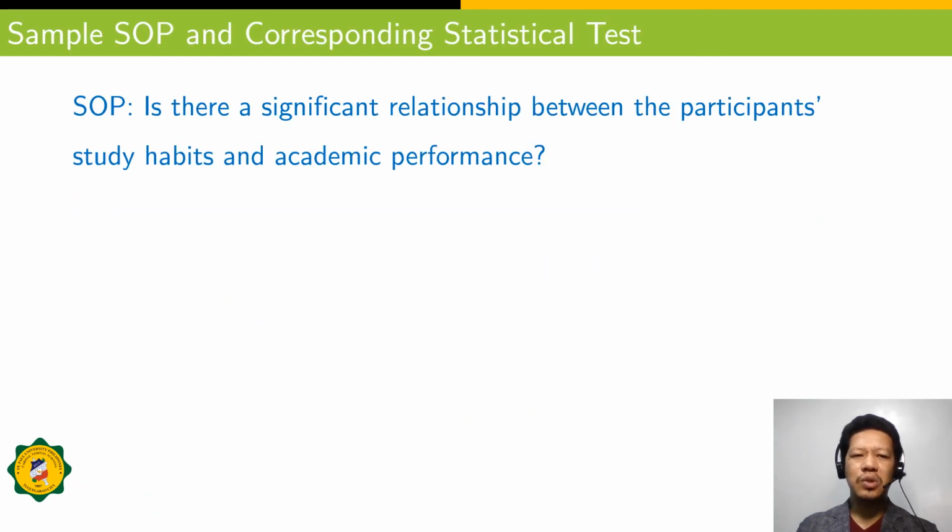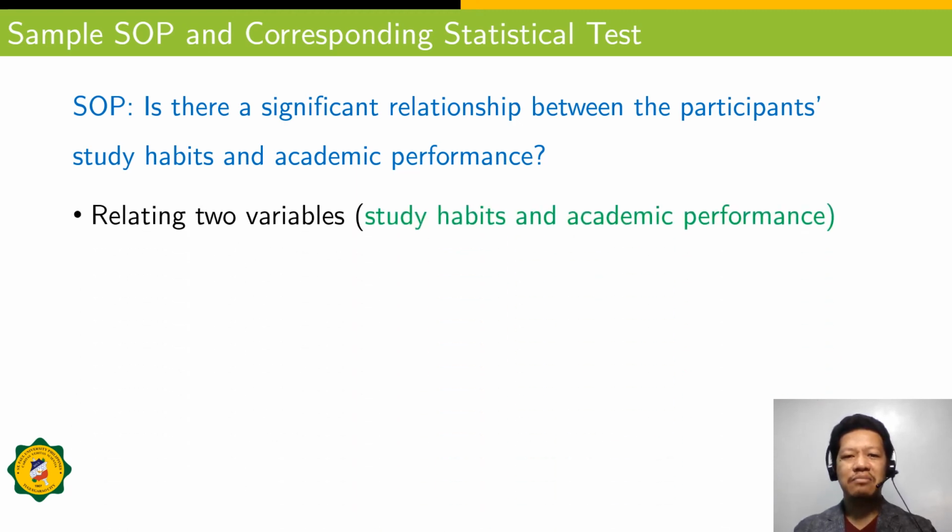So in this SOP, is there a significant relationship between the participants' study habits and academic performance? We have to make sure whether study habits is being measured in ordinal, nominal, interval, or ratio scale, or even the academic performance. So what particular data you're going to collect.